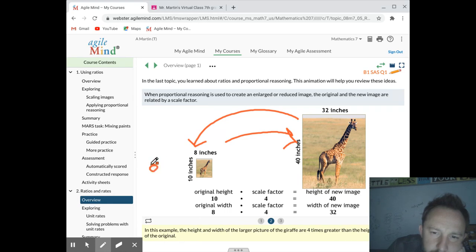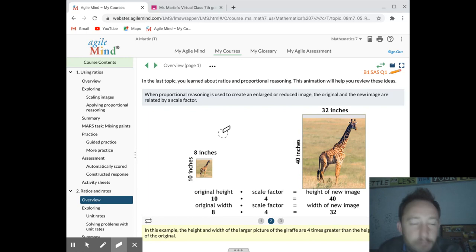Does reduce mean get bigger? Reduce means that it gets small, and enlarge means it gets bigger. Enlarge. All right, there we go. Good job. So if it gets bigger, it is enlarging. Okay, and so she said that this enlarged because it's 4 times the size of the original picture, right?